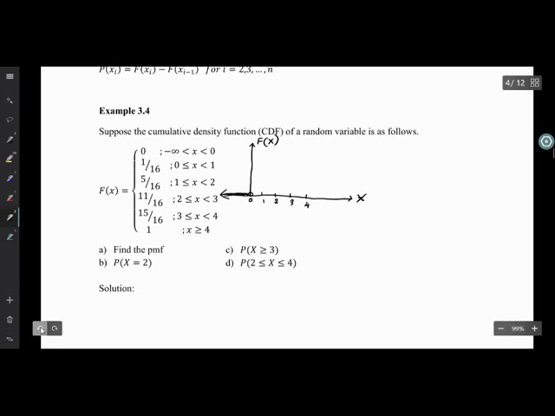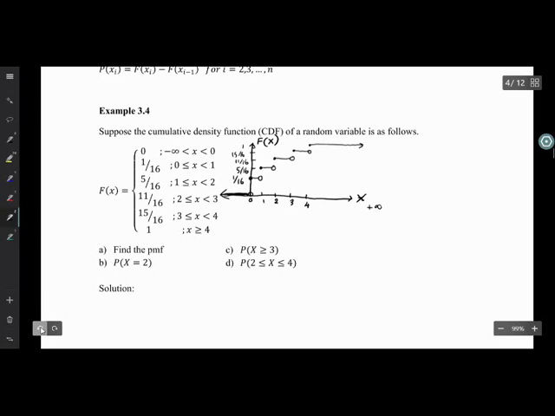At 0, it jumped up to 1 over 16 and remained there up to 1. At 1, it jumped up to 5 over 16 and remained there up to 2. At 2, it attains 11 over 16 and remains there. At 3, it attains 15 over 16 and remains there. And at 4, it attains the total probability 1 and it will continue up to positive infinity.